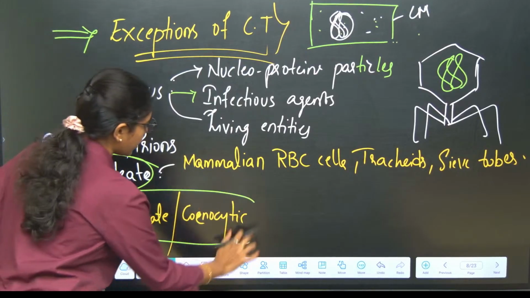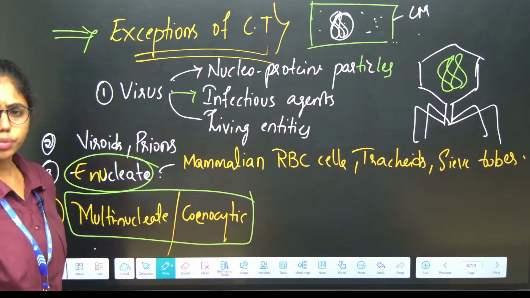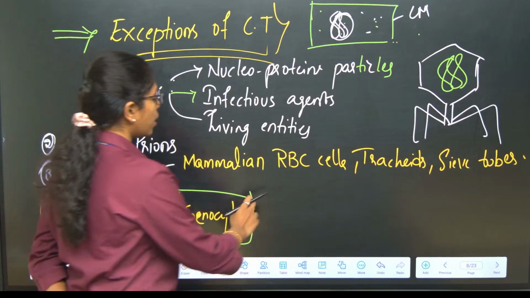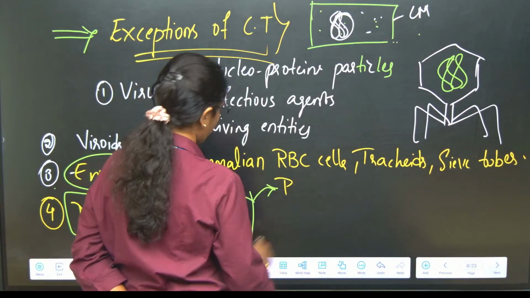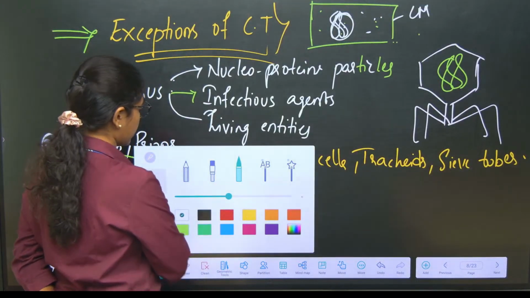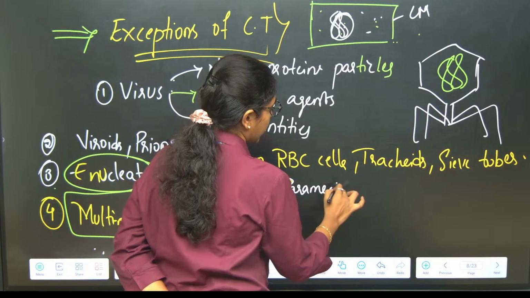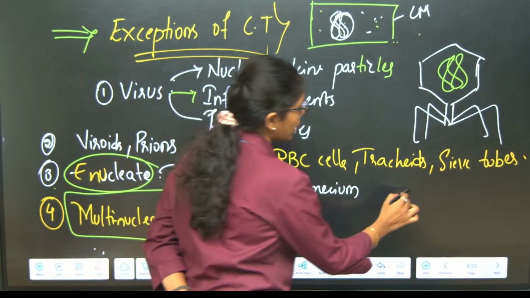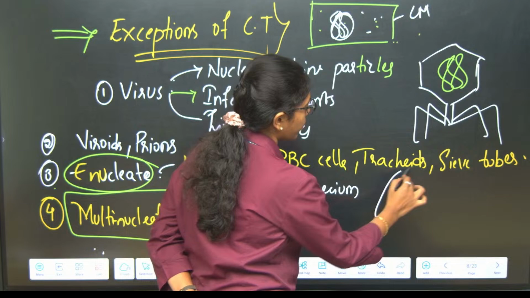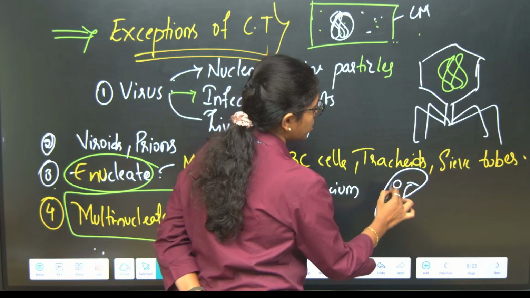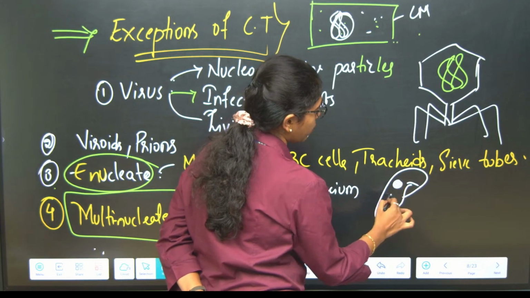So the multinucleate or cenocytic condition is possessed by many organisms. Like here you can see Paramecium, which is a protozoan, will possess the binucleate condition. In Paramecium, the larger one is the macronucleus and there is one micronucleus.